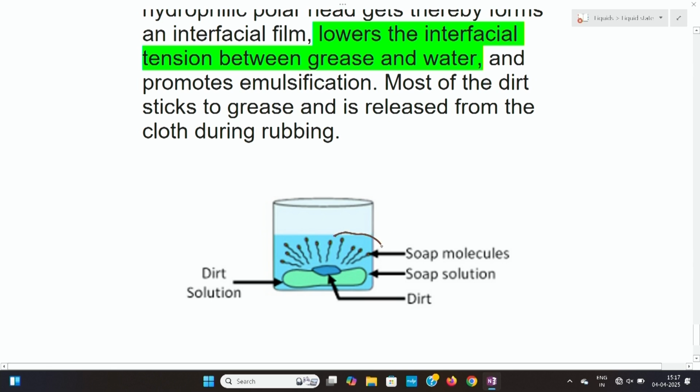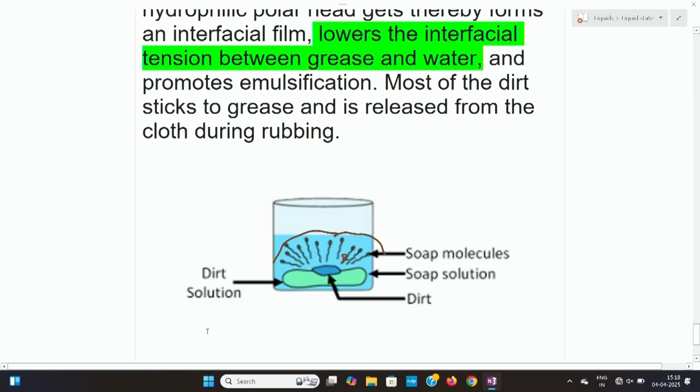Here it will form like this, and an interfacial layer forms in between the water and the grease. This interfacial layer formation will promote the emulsification. That is why the oil or dirt will be removed from our cloth. This is about the cleansing action of surfactants.